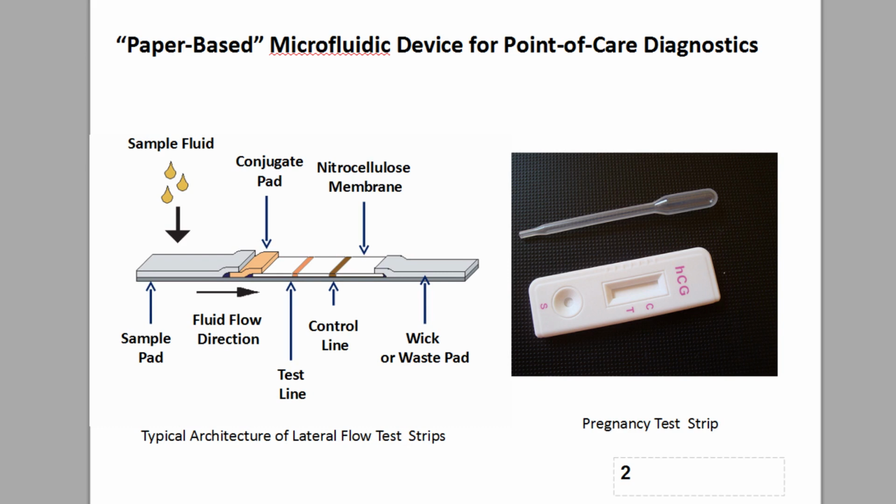The test strips are easy to use, they are autonomous, they are low cost, and they're highly portable, and do not require any power for their operation. Their limitation is that they can only handle one reagent, so they cannot perform more complex assays.